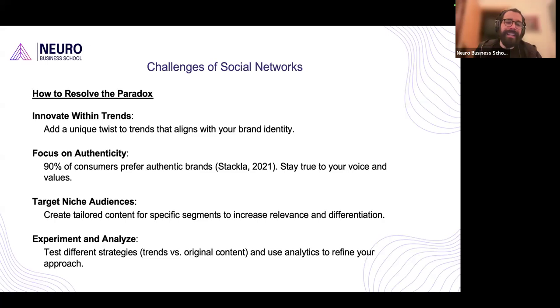Target niche audiences to create tailored content for specific segments and clusters of people. This increases relevance and differentiation. So don't try to reach as much audience as possible, because this could be a problem: you want to make all people happy, but finally you are not making anyone happy.